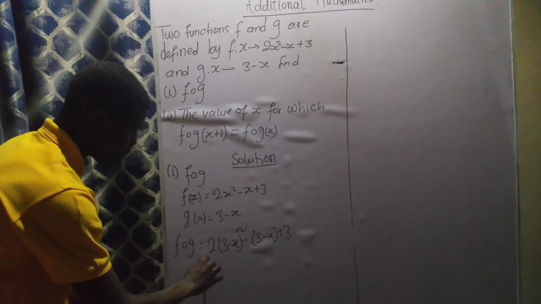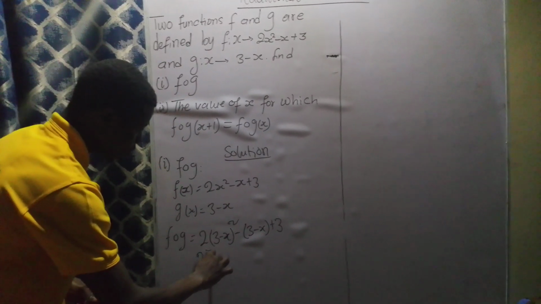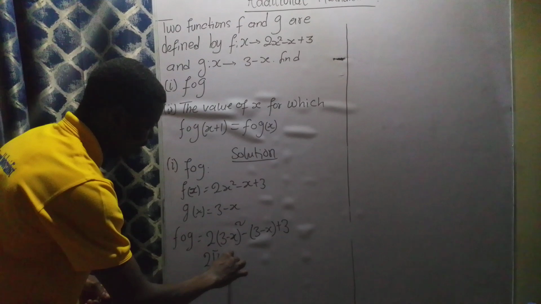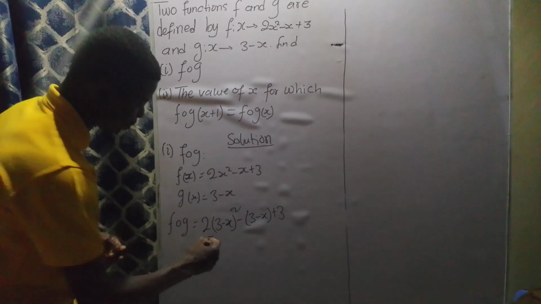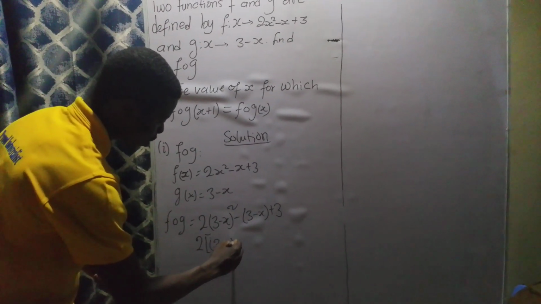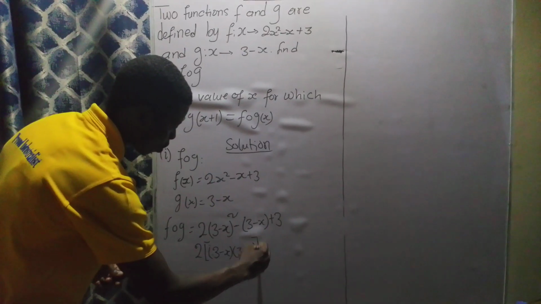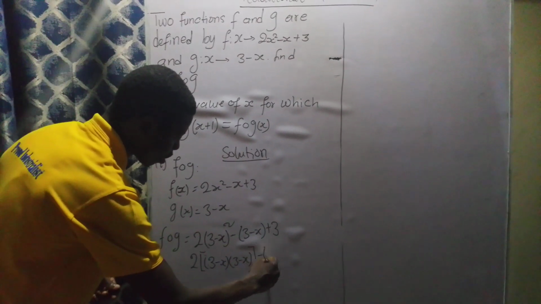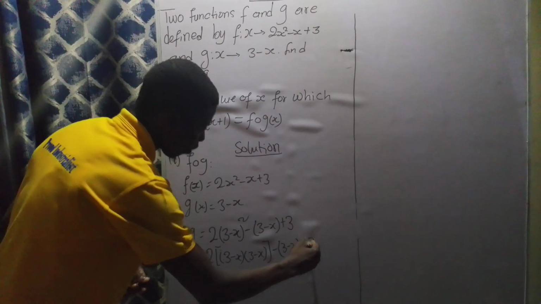So expanding that, we are going to have 2 in brackets, 3 minus x and 3 minus x, close bracket, minus 3 minus x plus 3.